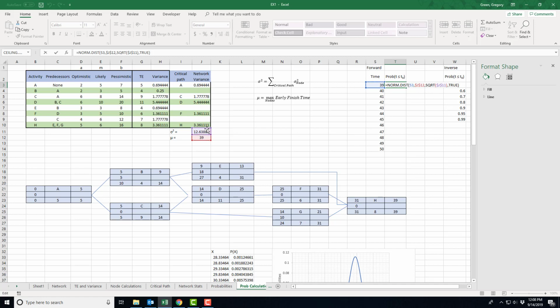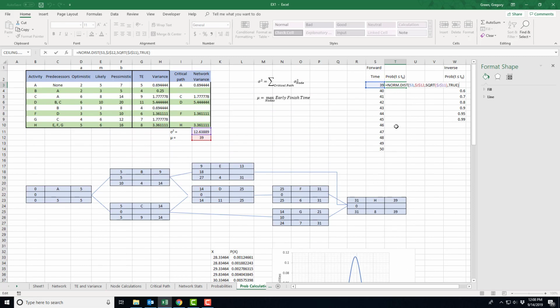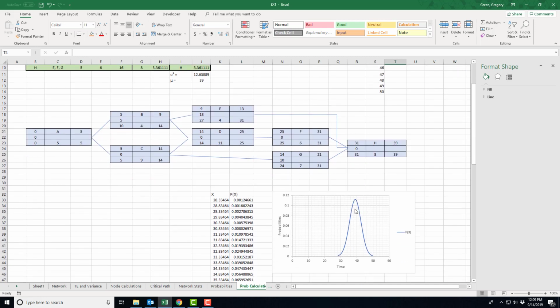That square root gets me the standard deviation, and true tells me to add up all the area all the way to the left in this picture up until the time period t in this table. So I push that button and it says, oh, 50% of the time, or the probability that I'm finished within 39 days is 50%. Well, we knew that, because 39 was our mean. And we knew from a symmetric distribution that half the time we're going to finish before the mean, half the time we're going to finish above the mean.